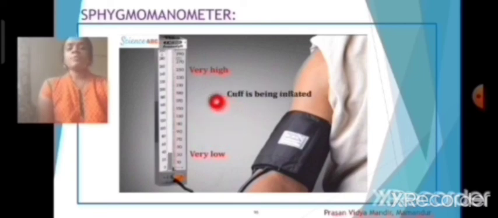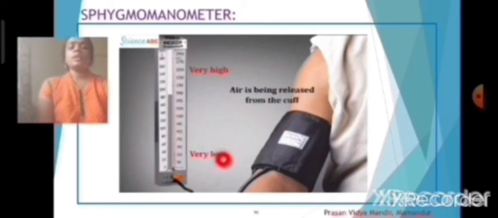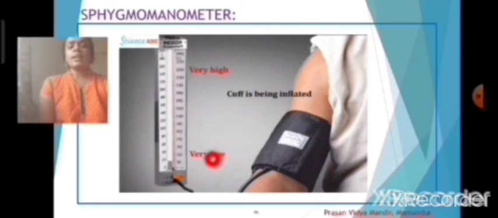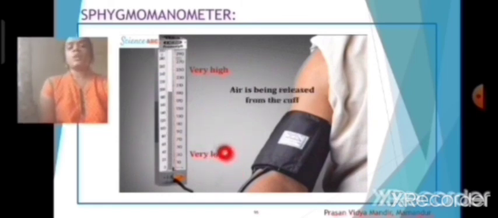The normal systolic pressure is 120 mm Hg and the normal diastolic pressure is 80 mm Hg. When systolic pressure exceeds 120, we call it hypertension, and if diastolic pressure is less than 80, it leads to a condition called hypotension.